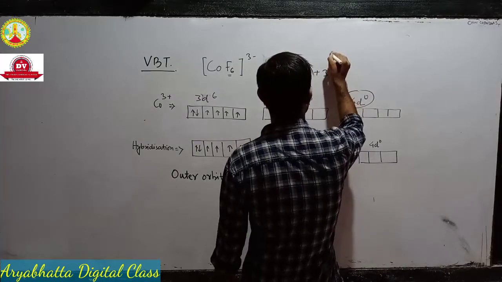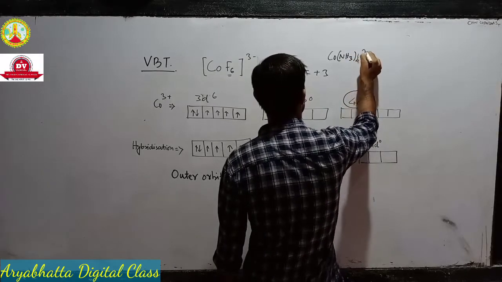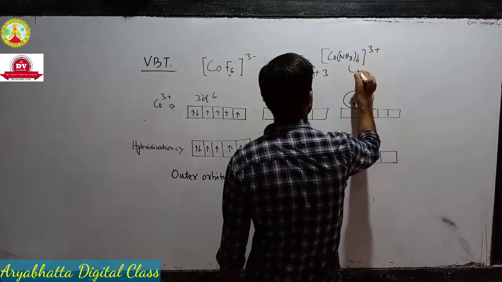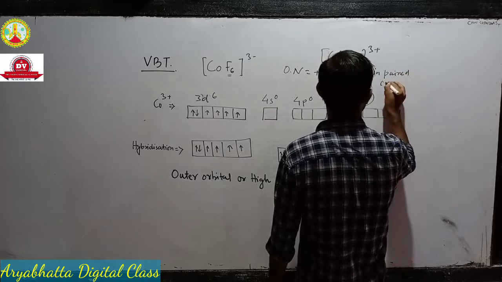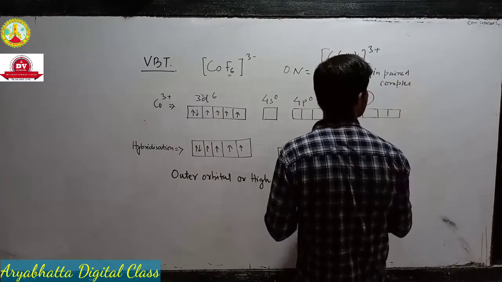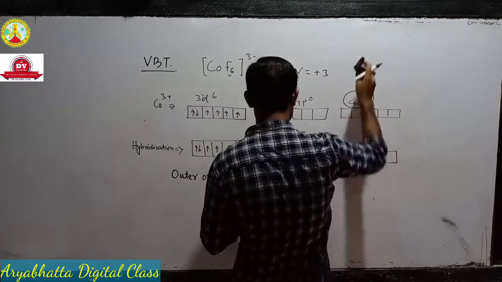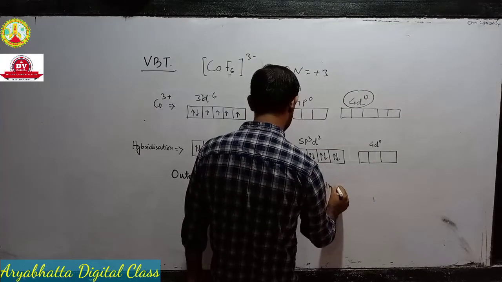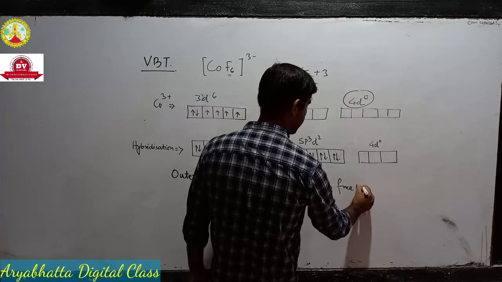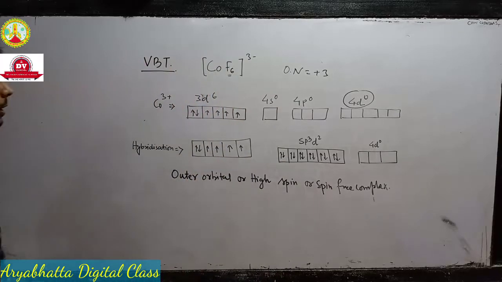The complex with NH3 6 was totally paired. So this was actually a spin paired complex, because there was no free electron or unpaired electron. But this one is a spin free complex, as it has free or unpaired electrons.